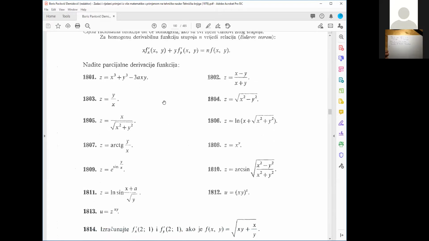Okay, so find the partial derivatives, partial z partial x and partial z partial y, where the first problem is defined as z is equal to x cubed plus y cubed minus 3a xy, where a is just a constant.